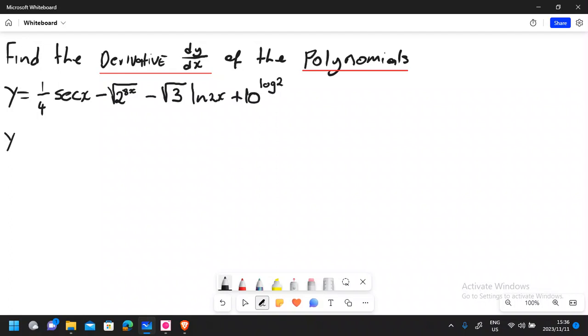So when we simplify, we know that we're going to have 1 over 4 and then sec x. This one is already simplified, but this one here, we need to get rid of the surds. Remember, I always tell you guys, try to get rid of the surds, change them before you differentiate. So we know that square root is the same as exponent of half.